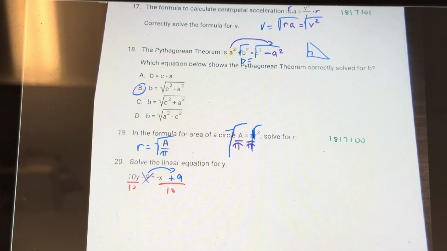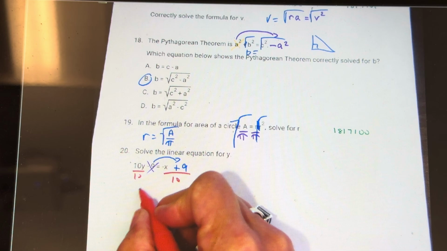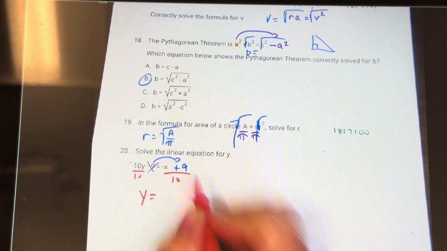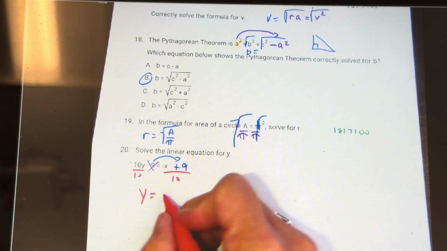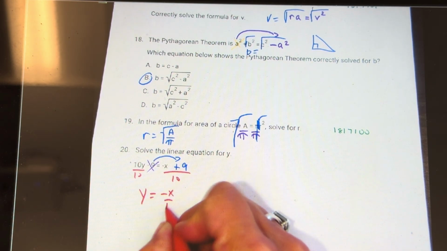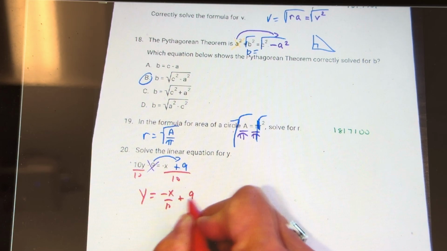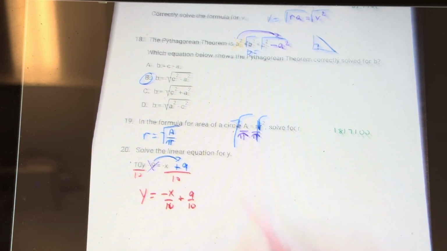If you needed to reduce, you have to reduce. So if that was an 8, you would have to reduce and have 10 on both of them. If it was a negative 10, you would have to reduce. You can't leave a negative on the bottom, even though it's multiple choice. So y equals negative x plus 9 over 10. And if you wrote it as negative x over 10 plus 9 over 10, that would also be correct. It doesn't matter.